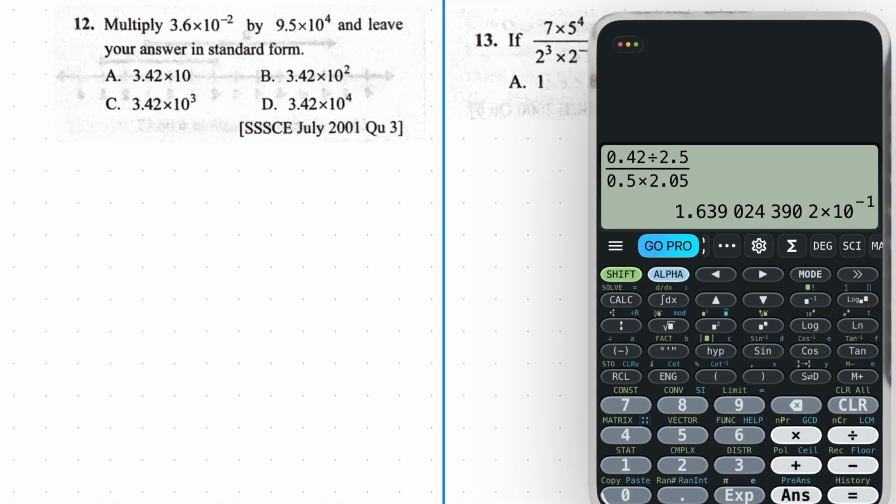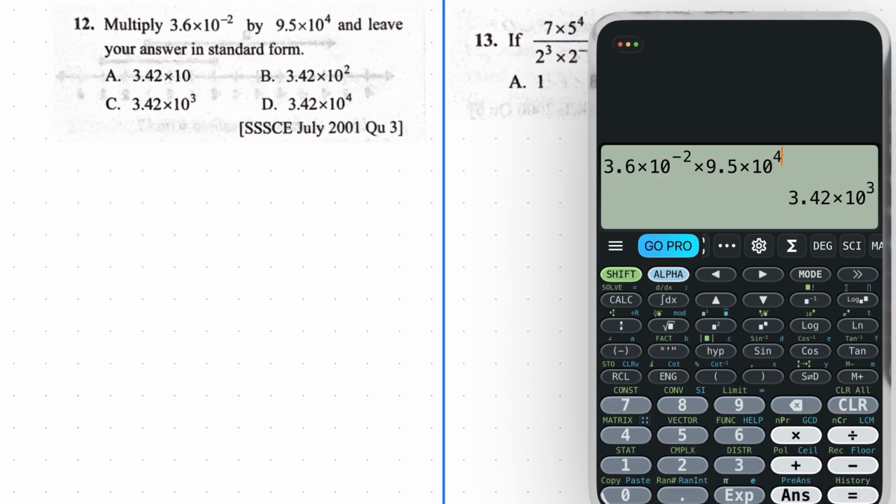Let's clear this. Cool. So it says multiply. So let's multiply 3.6 by 10 to the power of negative 2 by 9.5 times 10 to the power 4.